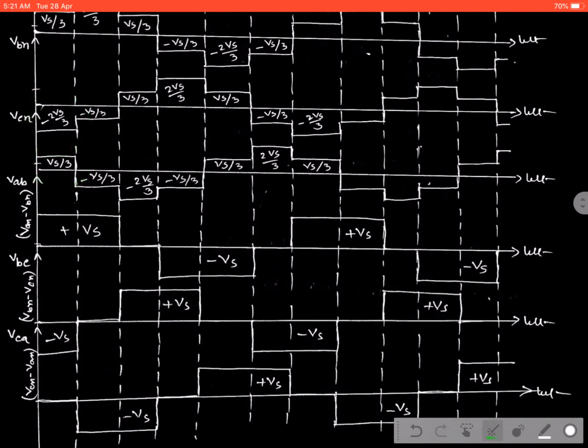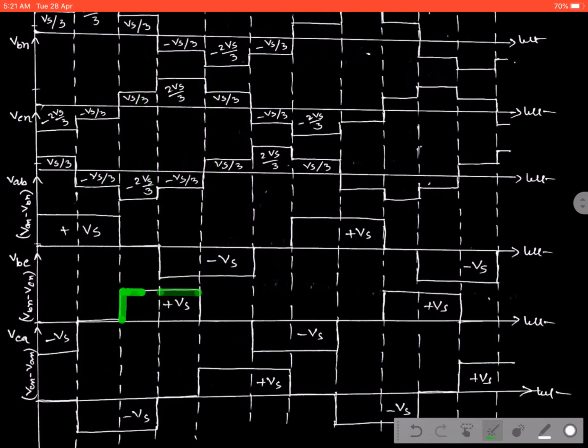So that means it will give you minus Vs. Next part, VBN equals minus Vs by 3 and VCN is minus Vs by 3. That means the difference is 0. Right. That means it provides 0 voltage. Next step, that is Vs by 3 minus of minus 2 Vs by 3. The difference is plus Vs. Similarly, it can happen for the next case also. See, again it will provide a plus Vs.